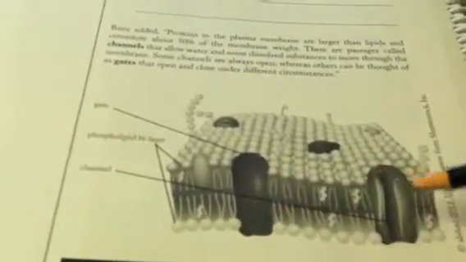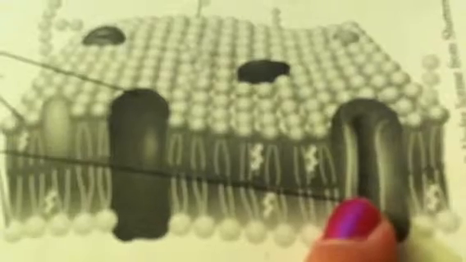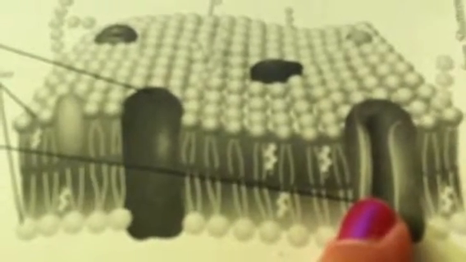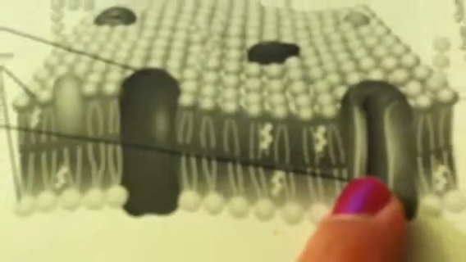These proteins have different roles. For example, channels, which would be over here. This is a protein channel right here. This is a passageway that allows water and some dissolved substances to move through the membrane.